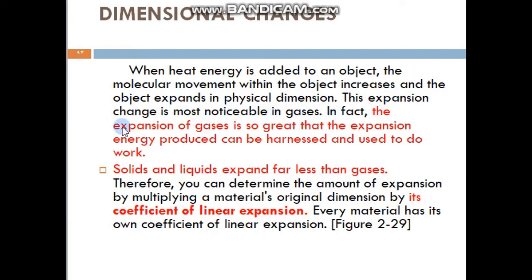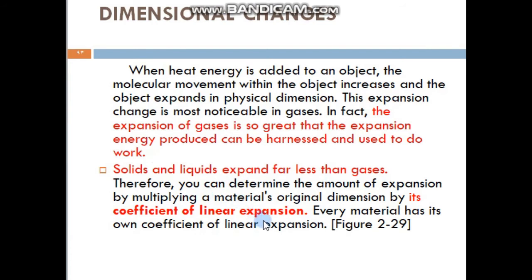In fact, the expansion of gases is so great that the expansion energy produced can be harnessed and used to do work. So the expansion of gases will be more than the expansion of solids and liquids. So we can see that solids and liquids expand far less than gases.